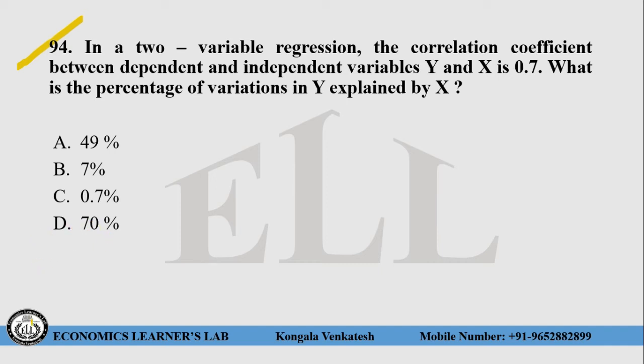So here the right answer for this question is choice number A. When you square 0.7, that will be approximately 0.49. If you convert that into a percentage, that will be 49%. So the right answer is choice number A.